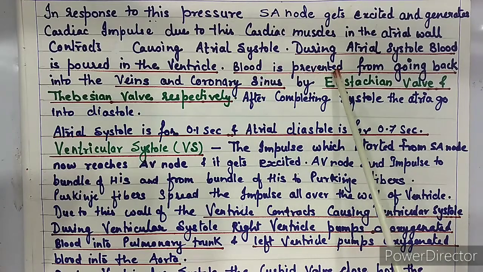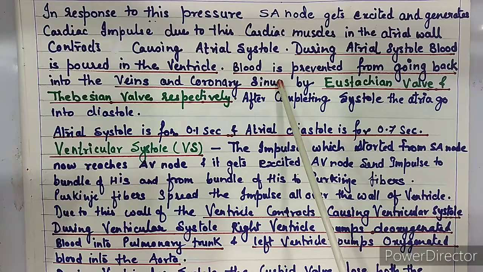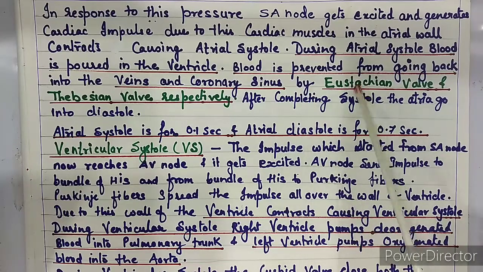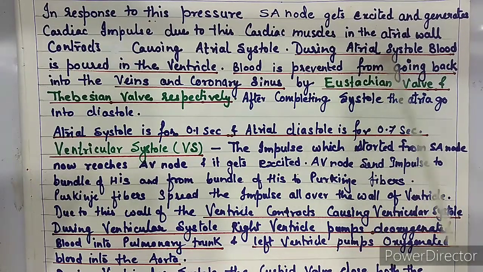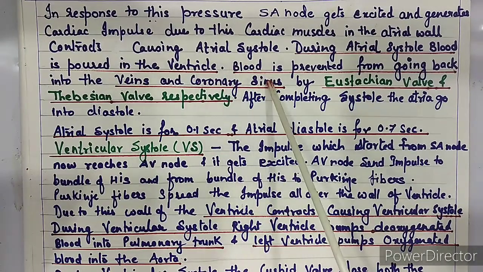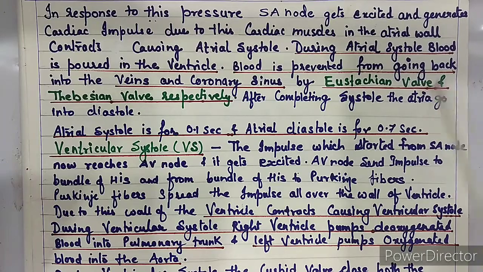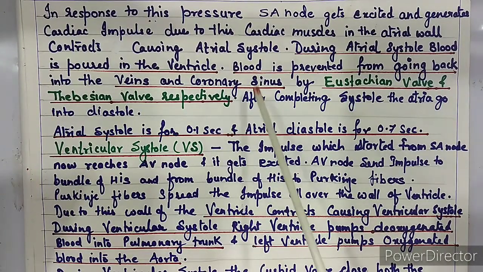Blood is prevented from going back into the veins and the coronary sinus by the Eustachian valve and the Thebesian valve respectively. For MCQs, the names of the valves play an important role.